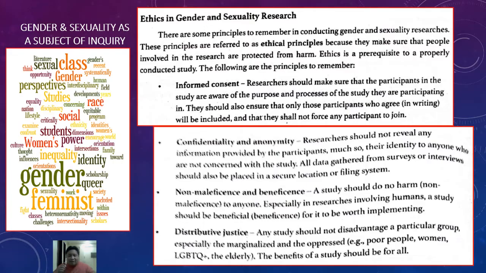Any study should not be disadvantageous to a particular group, especially the marginalized and the oppressed, poor people, the women, for example, LGBTQ plus and the elderly. Therefore, the benefits of the study should be for all.